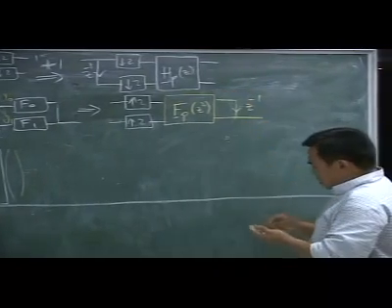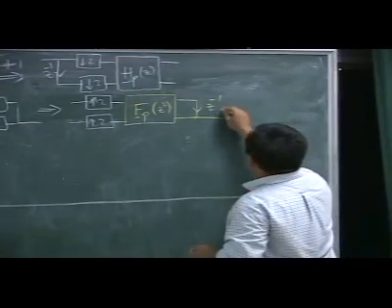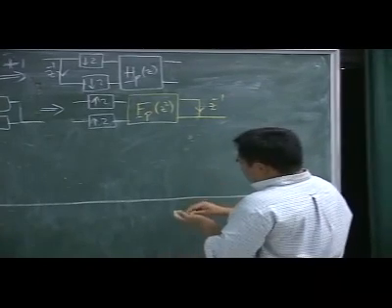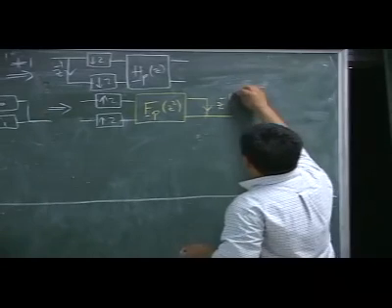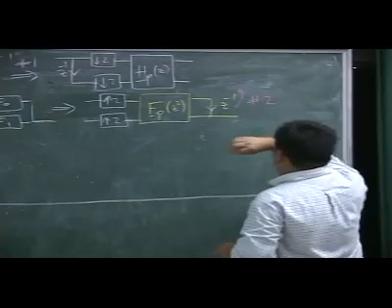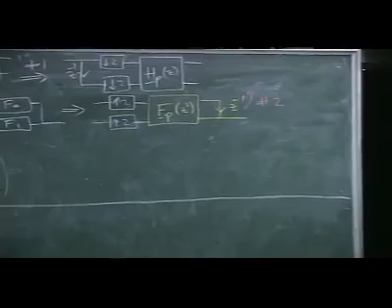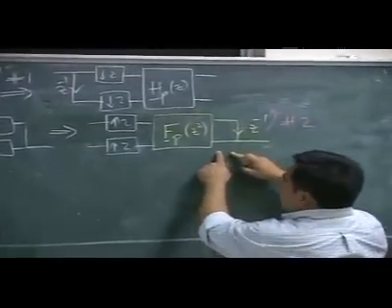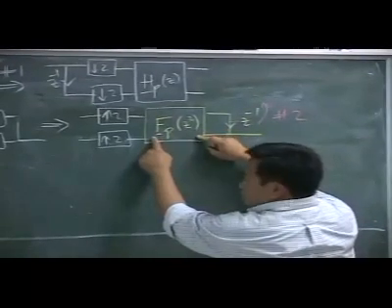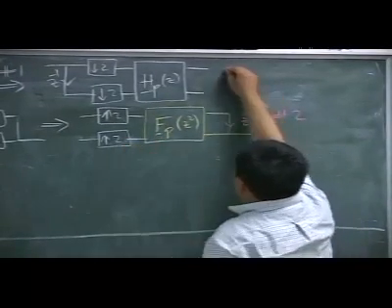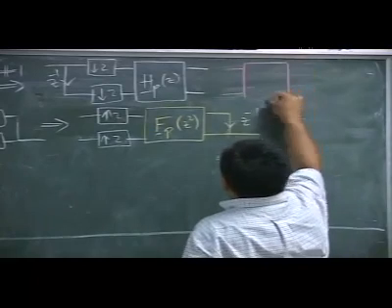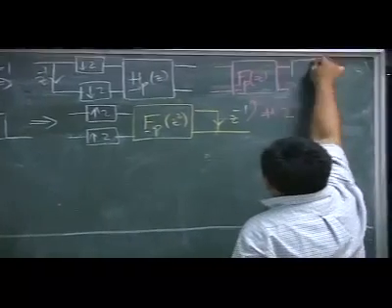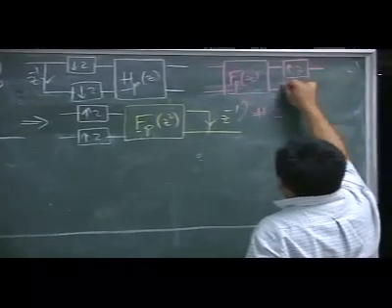We can do this by the second noble identity, from here to here. So let's move this block this side. That is the upsampling part, so I say Fp of z, and then upsampling by 2.